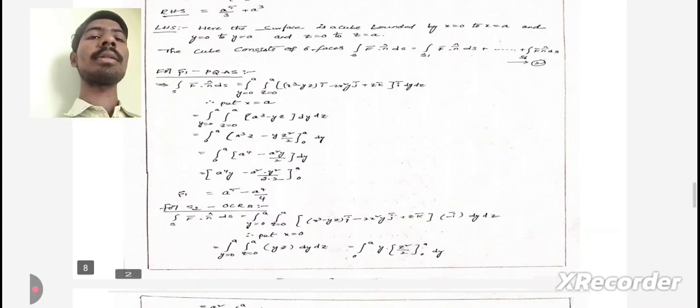For surface S1, PQAS, the integral over S of F bar dot n bar cap dS equals the integral y equal to 0 to a, z equal to 0 to a of (x cube minus yz) i bar minus 2x square y j bar plus z k bar dot i bar dy dz.